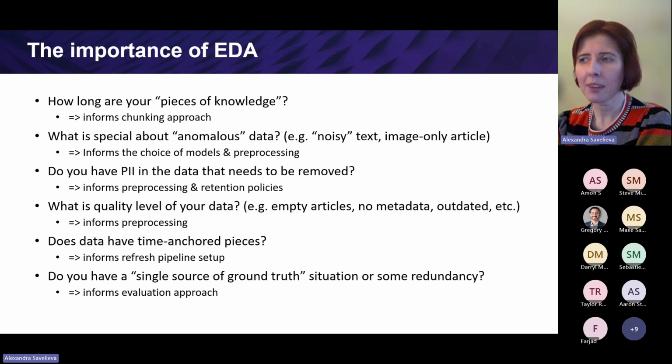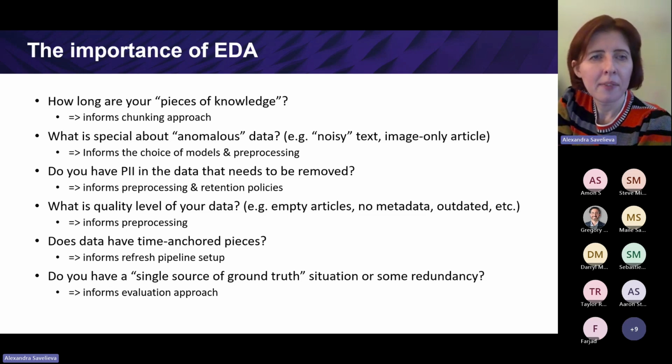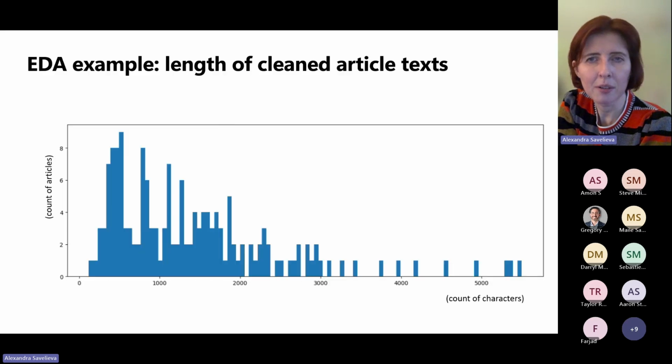So it may be that you get an article returned which is not listed as the right source in your evaluation benchmark, but it actually covers the facts that you need. And how do you handle this case? All of these things can be covered in exploratory data analysis.